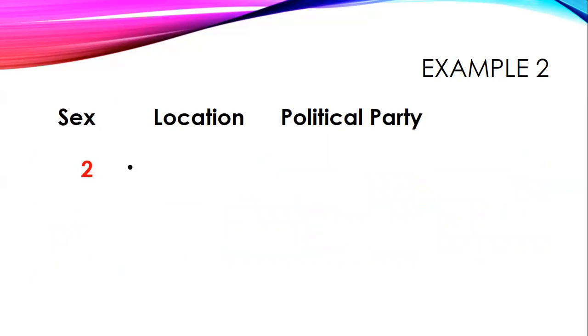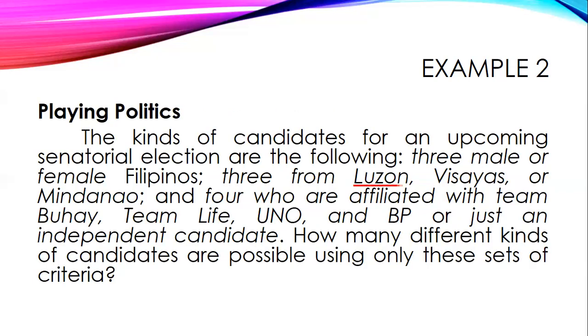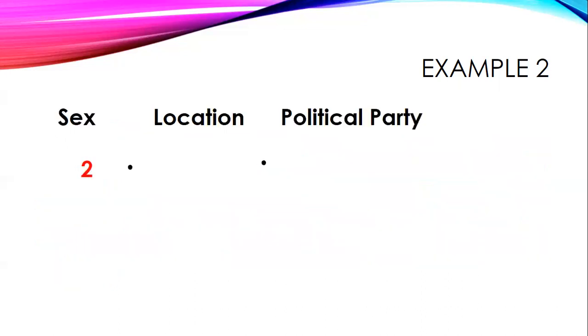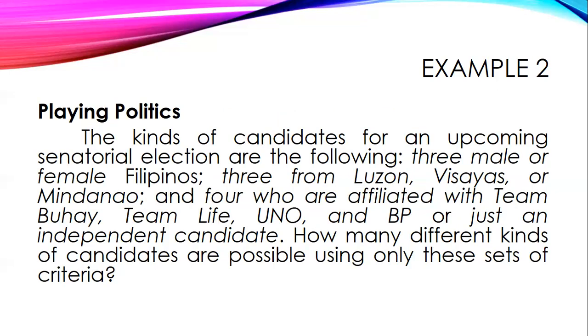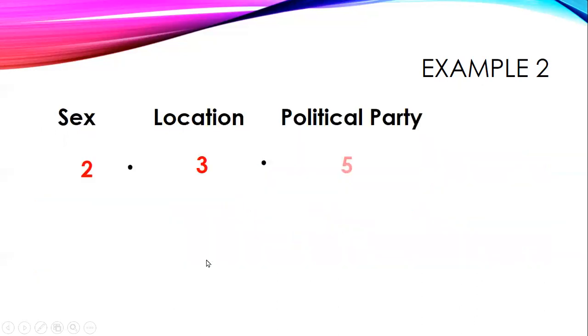Next, the location. We have the Luzon, Visayas, and Mindanao. So we have three. Political party, we have the Team Buhay, Team Life, UNO, and BP. Lastly is yung independent candidate. So we have one, two, three, four, and five.